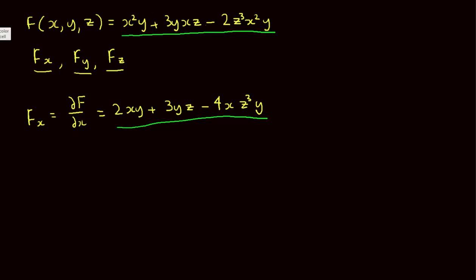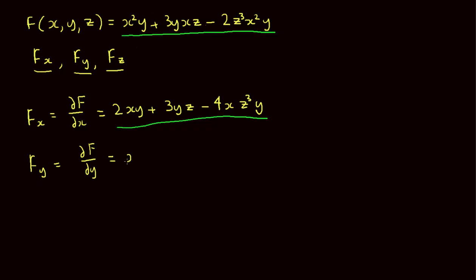Now we're talking about the case for y, which I'll write here as fy. Otherwise, we can write it as del f over del y. It's very straightforward. We differentiate y, everything else is a constant.